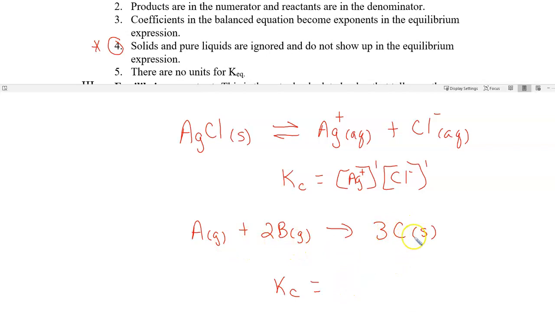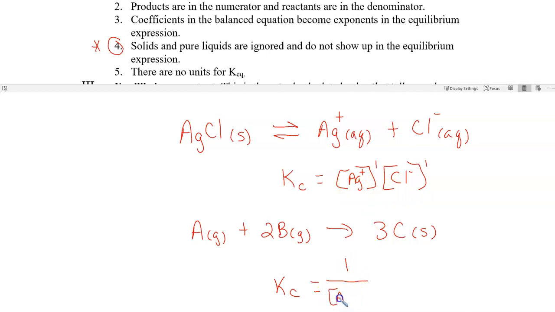There's no top this time because there's a solid in there. So these are real simple to use, but students will miss them because they'll put solids. So it is products over reactants, but this time our product is nothing but a solid. So we would do 1 over. See, the 1 wasn't necessary before because it was on the bottom, but we need the 1 this time.